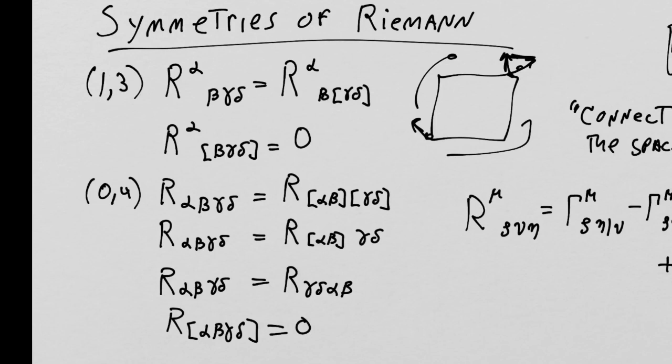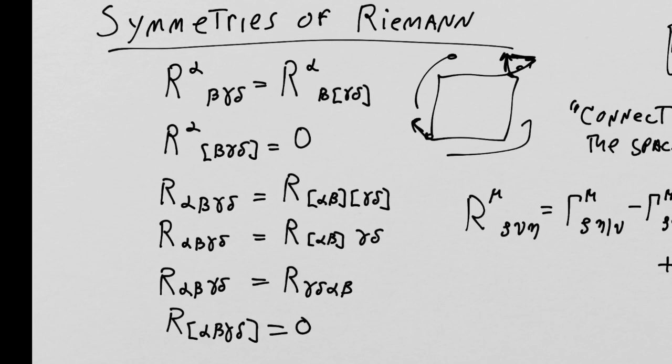Those components are mixed with one contravariant and three covariant indices, and the components of this guy are not mixed. The components are fully covariant, okay? So that's what I'm literally meaning.